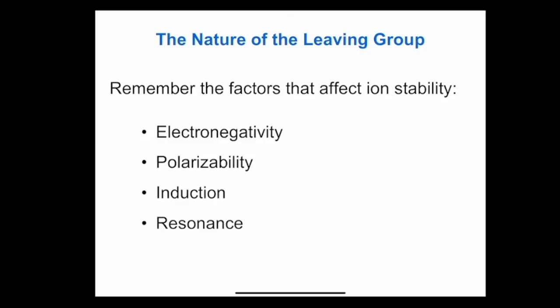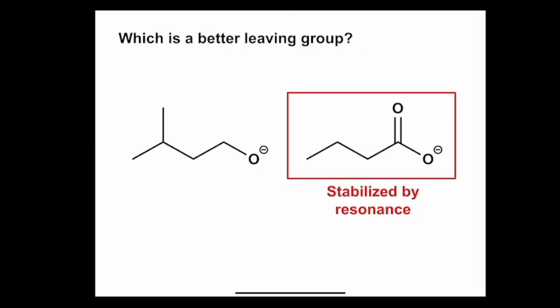In general, you can apply your acid-base nomenclature. These 4 rules for stabilizing ions appear again here. Now there's one thing that goes against it. Everybody agree? If you had to kick these out, if this was going to be a leaving group, the one on the left is not as stable as the one on the right.